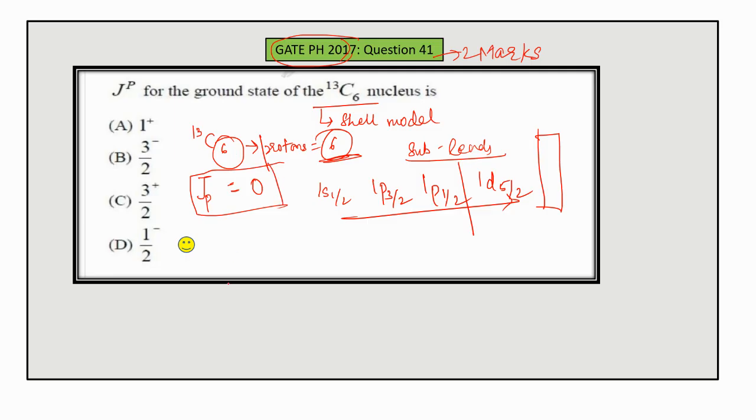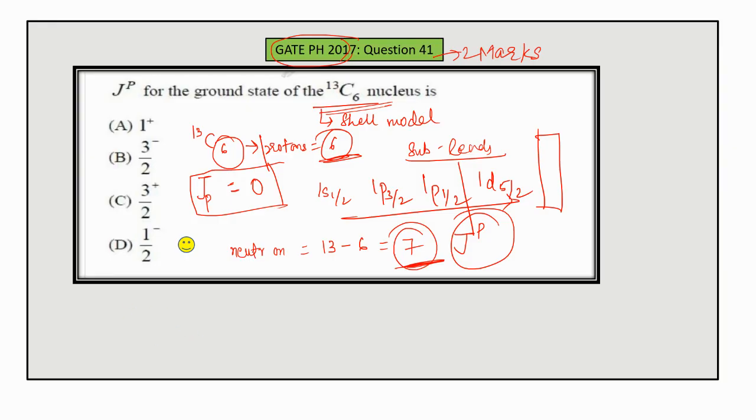Now we have neutrons. The neutron number is 13 minus 6, so this is 7. This will decide the J and P value of the ground state of the carbon nucleus.